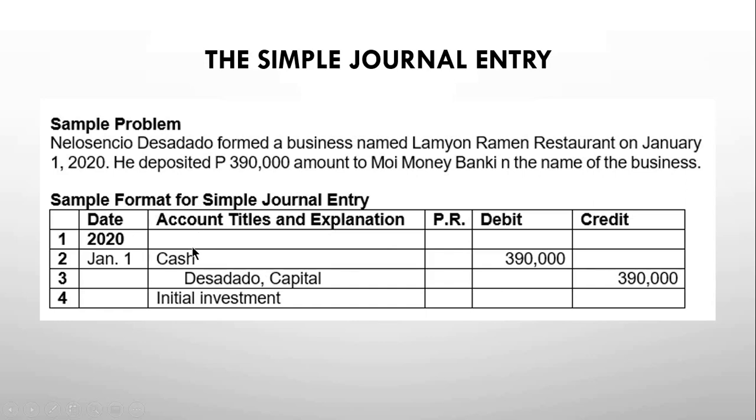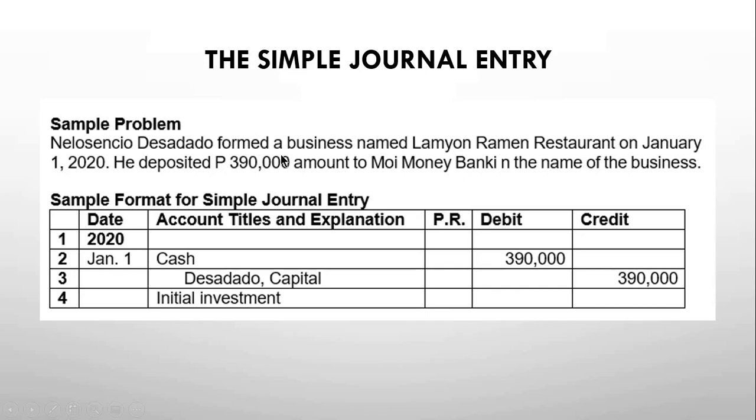So, when you prepare a journal entry, you see yourself as if you are the business. Okay? Now, if you see yourself as if you are the business of Nel Nocencio Disadado, pag-deposit ni Nel Nocencio Disadado ng 390,000, si business yung naka-receive ng 390,000 as the capital, no?